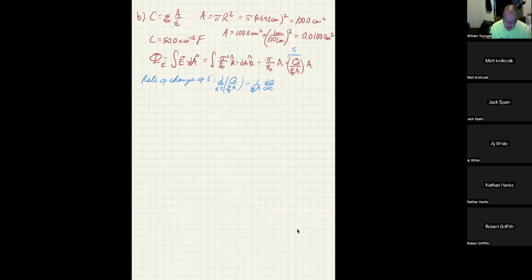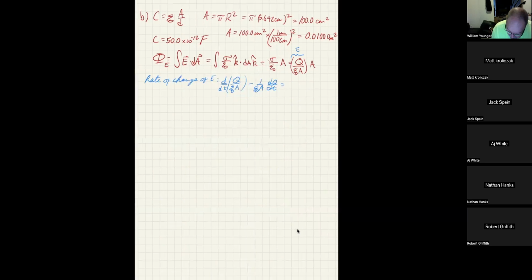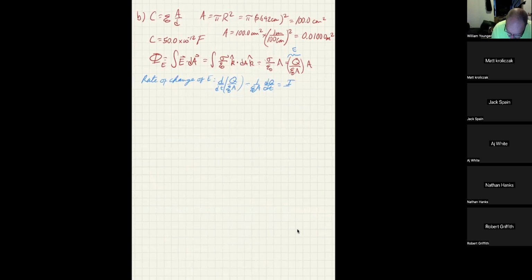And obviously, that is basically I over epsilon naught times A. So that's the rate of change of E. I will write this now in red: dE over dt is equal to I over epsilon naught times A. That's one result.